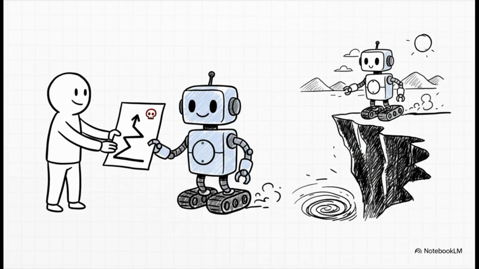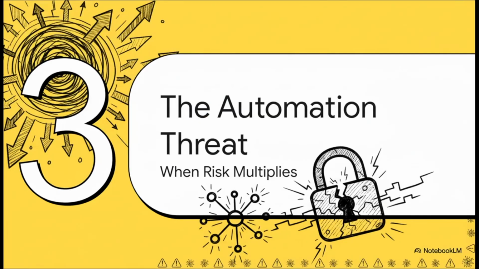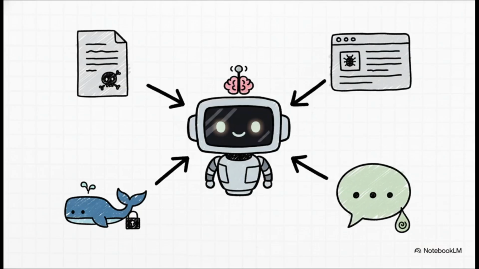Okay, so this goes way beyond just one bad README file. What this really shows is a fundamental shift in the risk that comes with this much automation. This is the automation threat. Think about it. The attack vector could be literally anywhere the AI reads from. Imagine a malicious Python snippet hidden inside a research PDF your agent is summarizing for you.